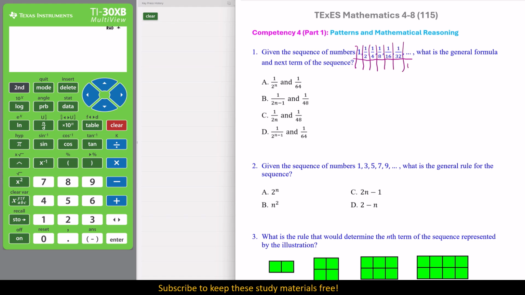Okay, this is what I'm going to do. All right, I have created a grid because we're looking for the nth position. Okay, so number 1 is in the first position, and 1/2 is the second, and then the third, fourth, fifth, and sixth. Okay, and so on. All right.